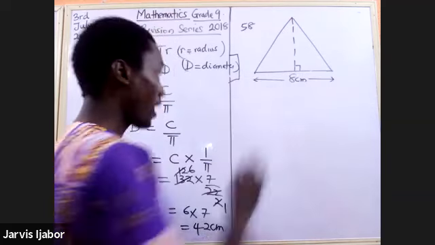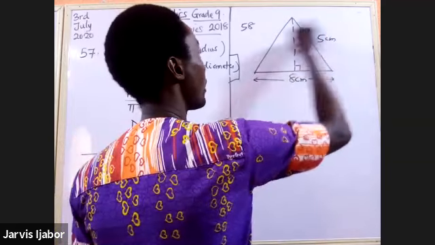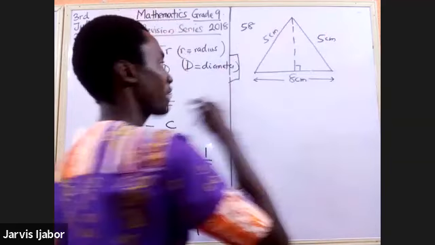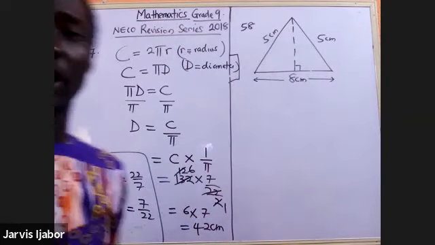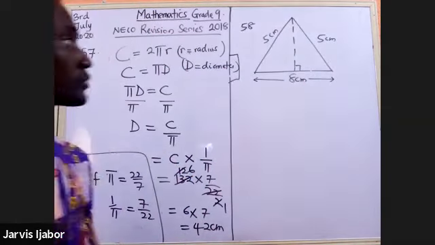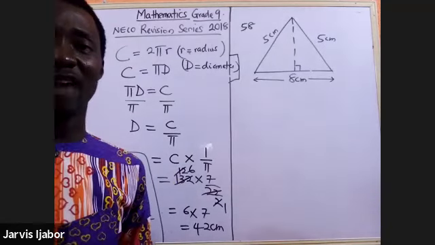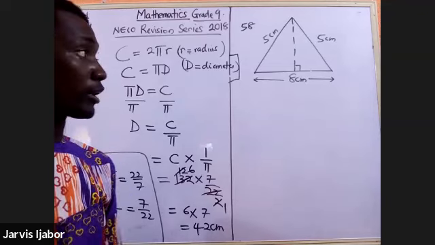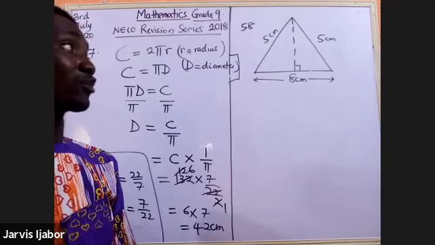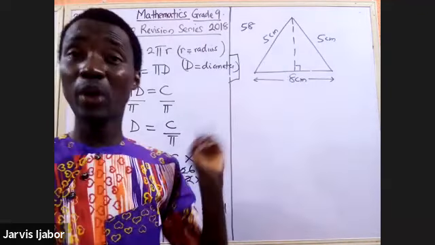You also add here to be 5. I add here to be 5. Now, please, by chat response, what kind of triangle do you have on the board? Could you send a chat privately to me and tell me what kind of triangle you have on the board? Because your understanding of the kind of triangle you have is what will help you solve this question.